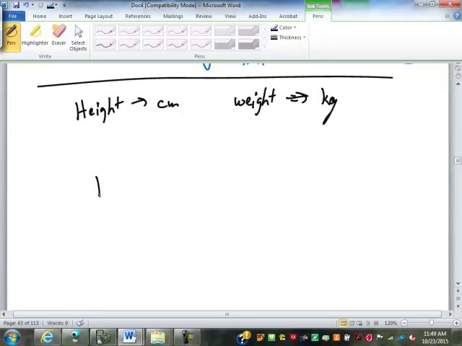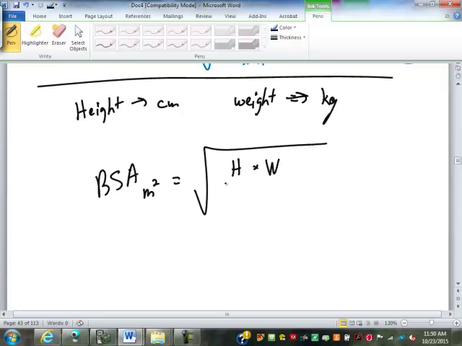The formula to find the body surface area, again giving us the result in square meters, is the height times the weight divided by 3,600. A lot of people are kind of amazed by this because they would expect that number on the bottom to change by a lot more, because a centimeter is a lot smaller than an inch. But a kilogram is also quite a bit bigger than a pound, and the difference between them actually almost balances out.